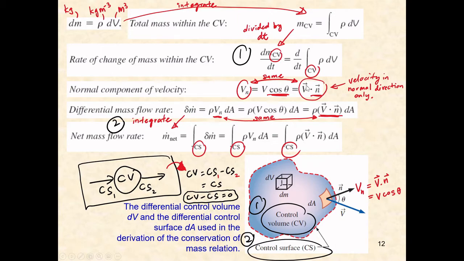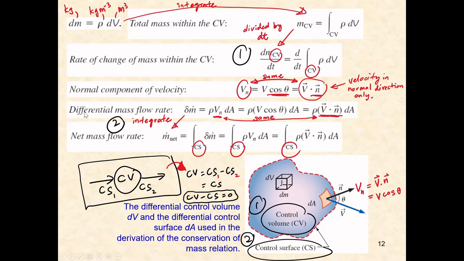If you study vectors you will know what a unit vector is; if not, you can go and find out. The velocity vector dotted with the unit vector gives you the normal velocity.